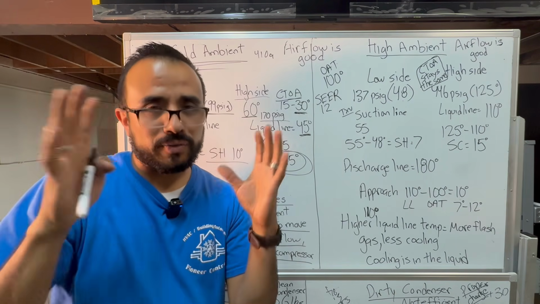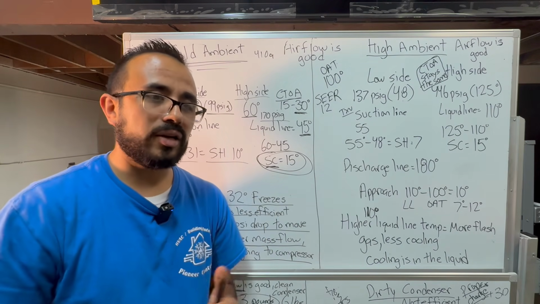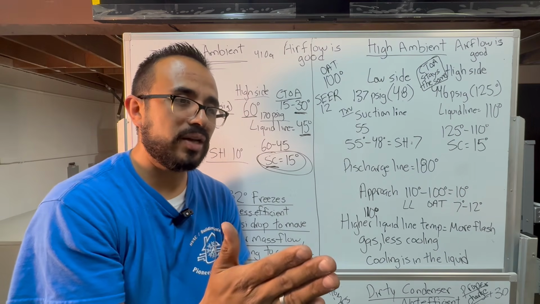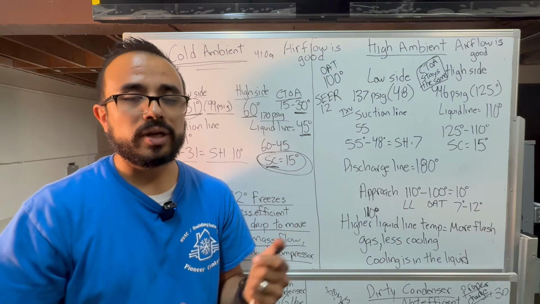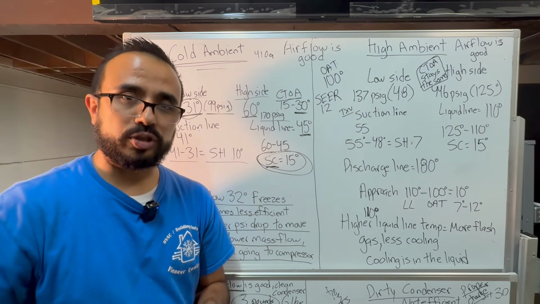And like that, you'll be able to run it. You need to just buy a little component that looks at ambient air temperature, and then it sends power to the condenser fan, or it turns it off based on the ambient air temperature. In that case, it would work. If not, we have to be careful running it in cold ambient temperature.